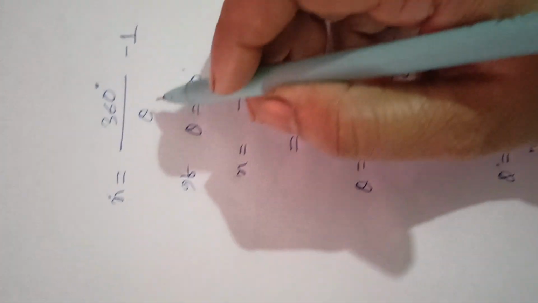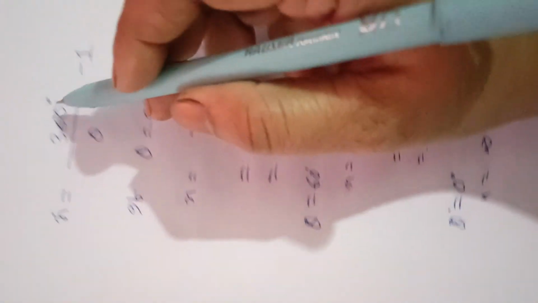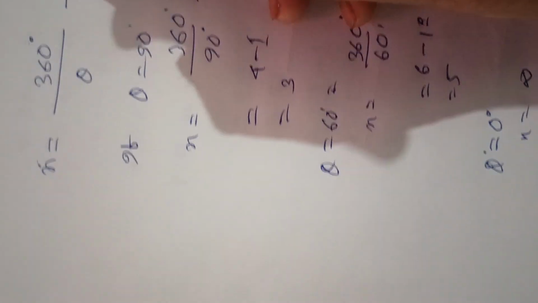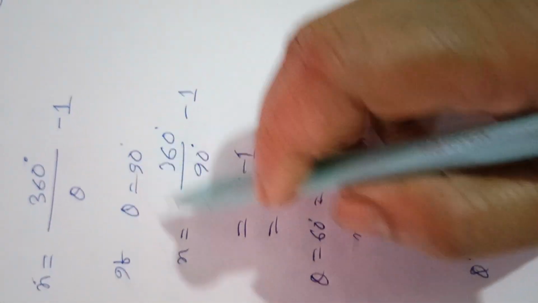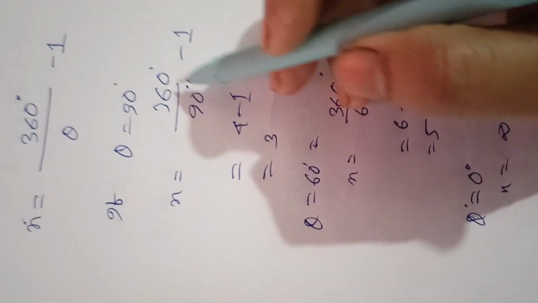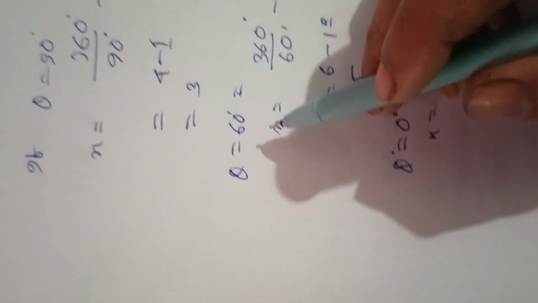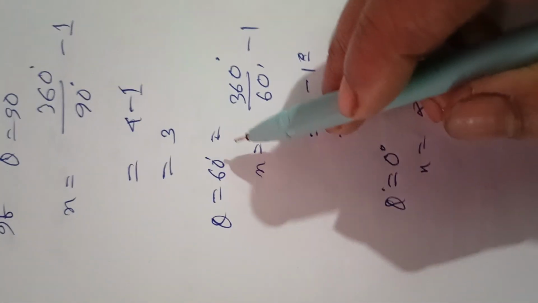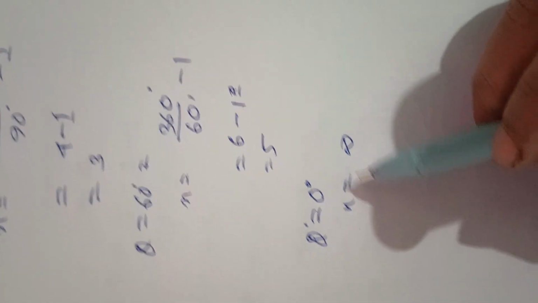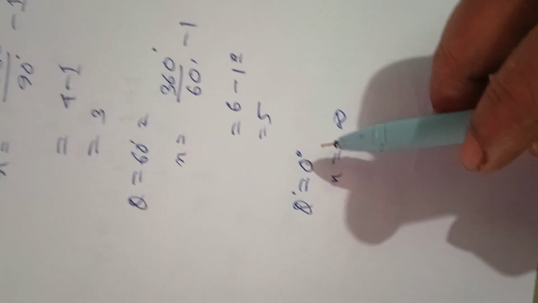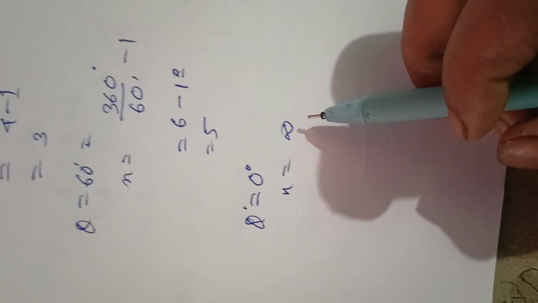If the angle is theta between two reflecting surfaces, then the formula is 360 divided by theta minus 1. If the reflectors are placed at an angle 90 degree, then how many images are formed? 360 divided by 90 minus 1, 4 minus 1 equal to 3. If the angle between two reflectors is 60 degree, then how many images are formed? 5. If the angle between two reflecting surfaces is 0, the number of images formed is equal to infinity.